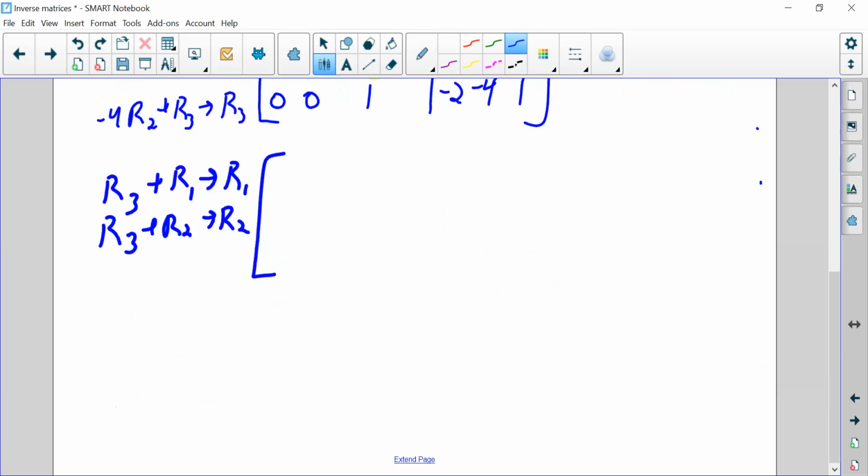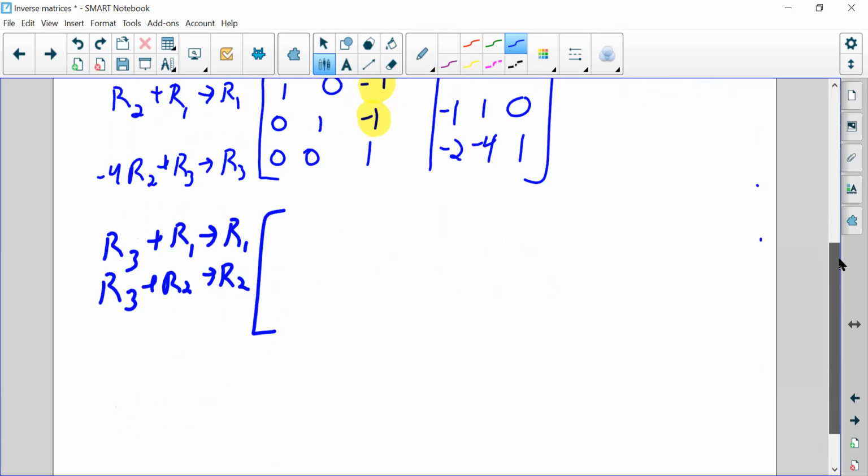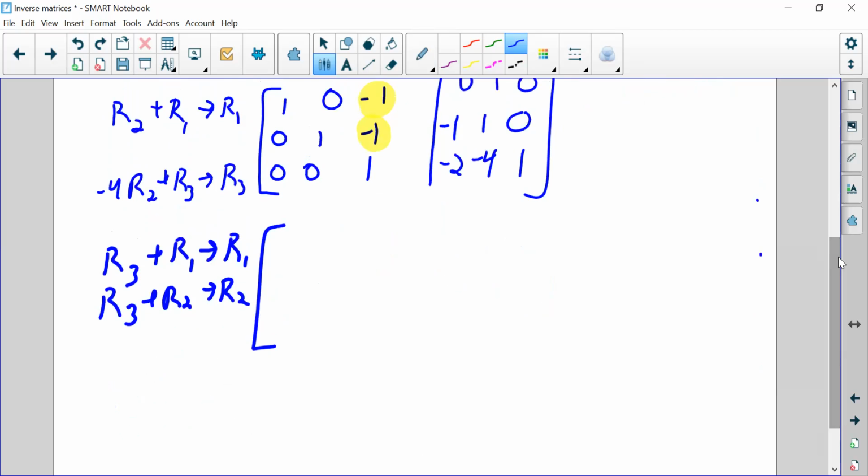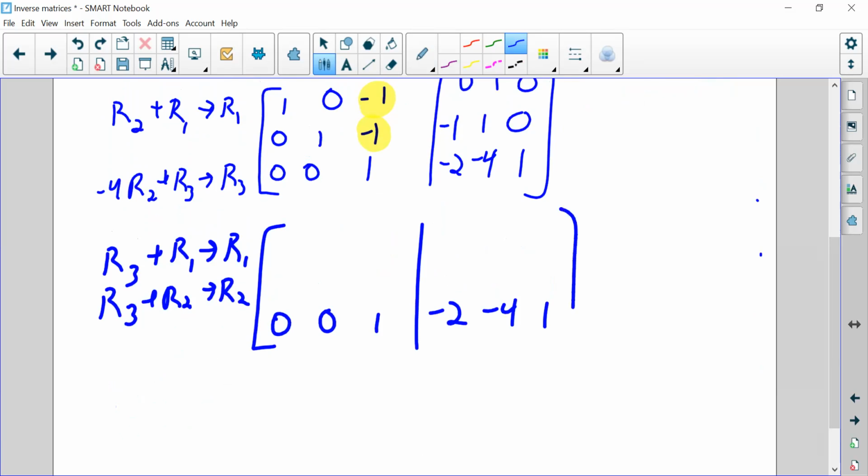And so I'm going to keep that last row the same. 0, 0, 1, -2, -4, 1. And so I'm going to get 1, 0, 0, -2, -3, 1, 0, 1, 0, -3, -3, 1. Okay. Everybody okay on how I did that?